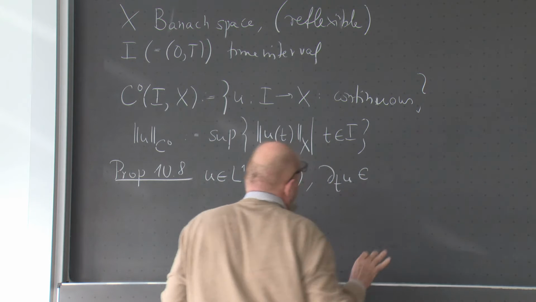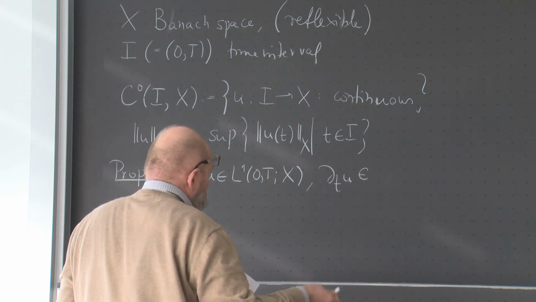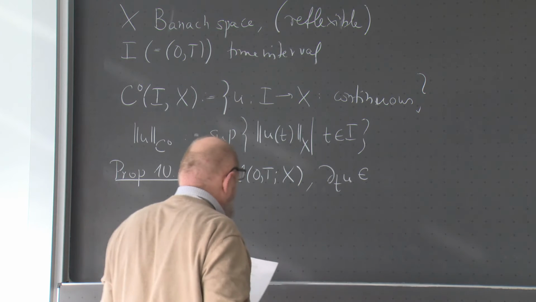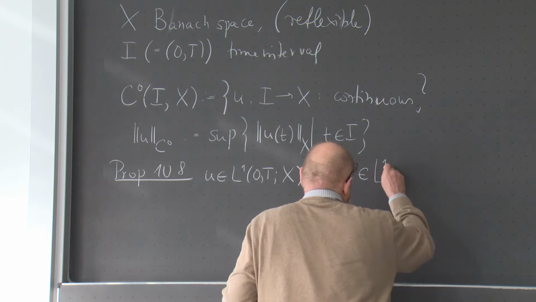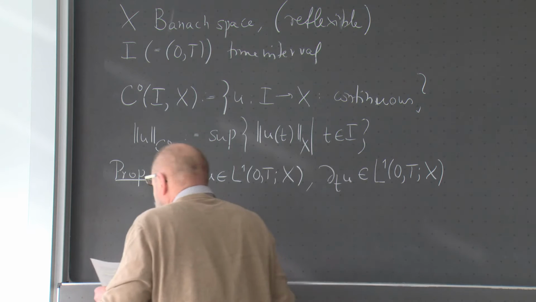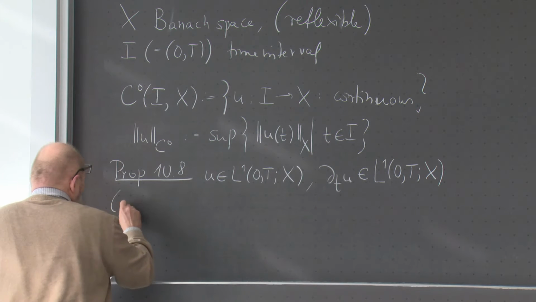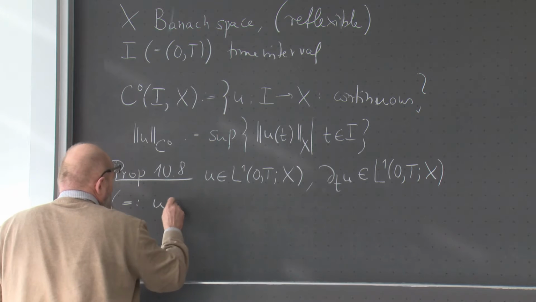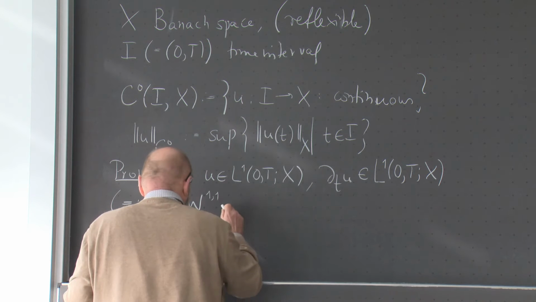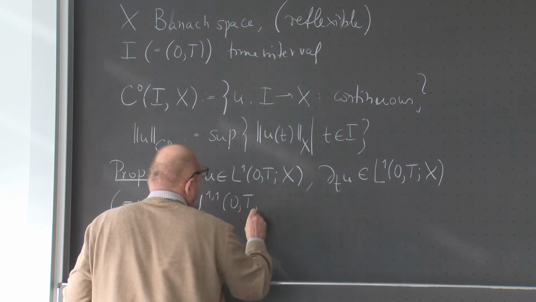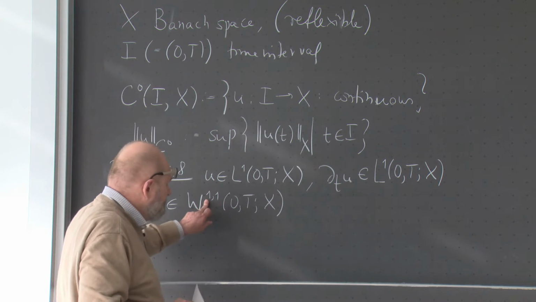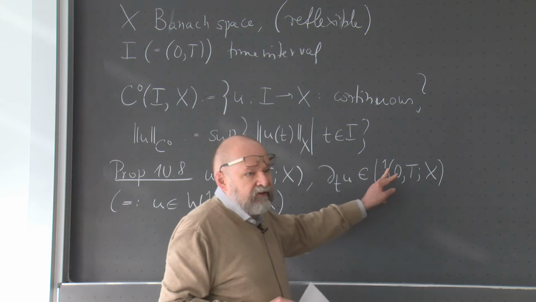If I write down the derivative, I always mean the distributional derivative, which can be represented by a function, and the function is supposed to be again an L^1 function in (0,T;X). So if you want, we have a u from W^{1,1}(0,T;X). So we have one weak derivative, and this derivative is an L^1.